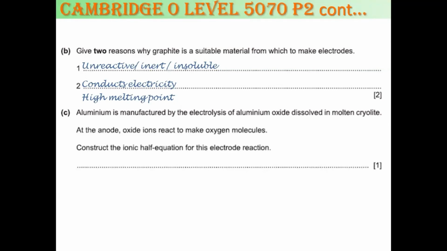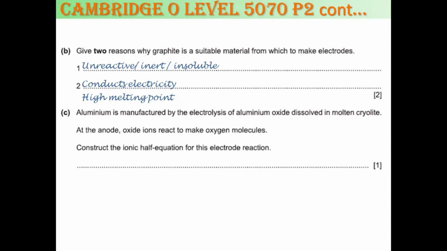But now that I've brought this idea of giving more than the required, you need to remember that if the third one that you give, where you're required to give 2, is incorrect and contradicts any of the previous 2 answers that you've given, the mark will be taken.